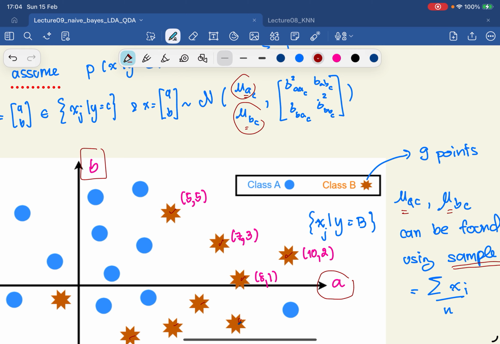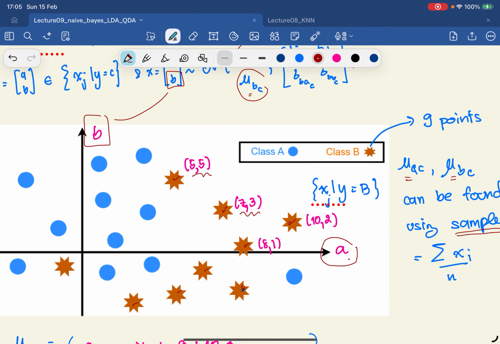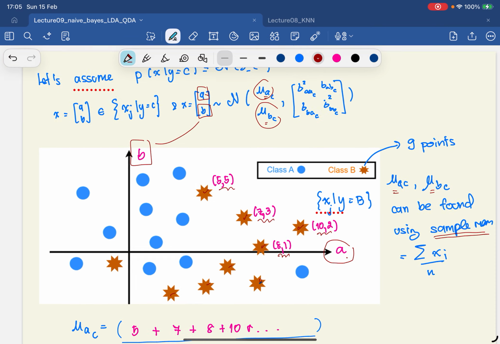X is two-dimensional: one element of X lies on coordinate A, and the other element of X lies on coordinate B. If you put A and B together, it becomes like a coordinate in a two-dimensional plane.